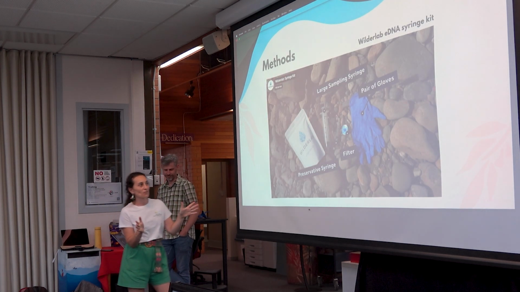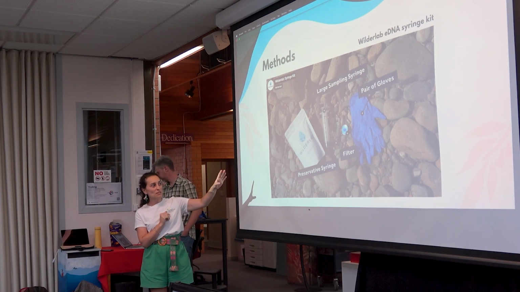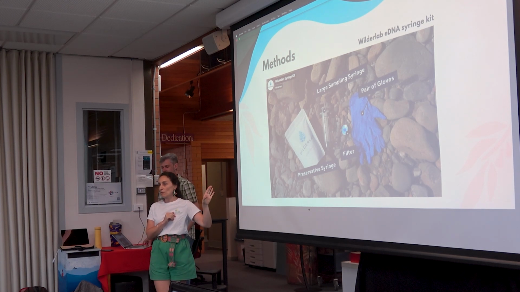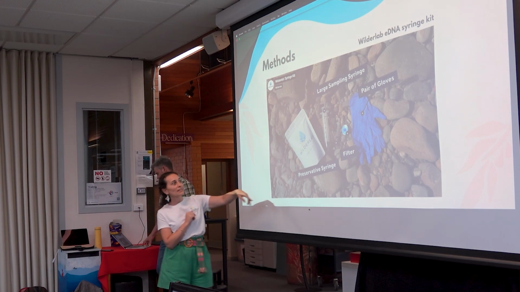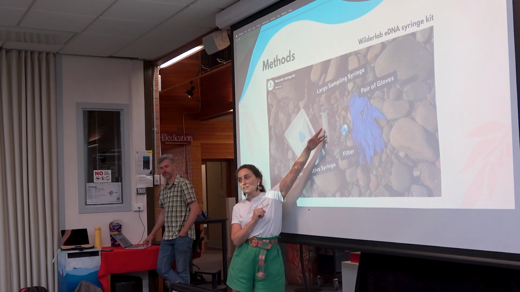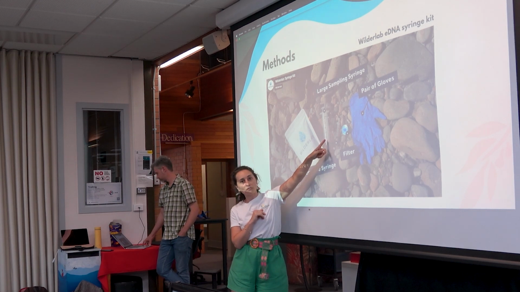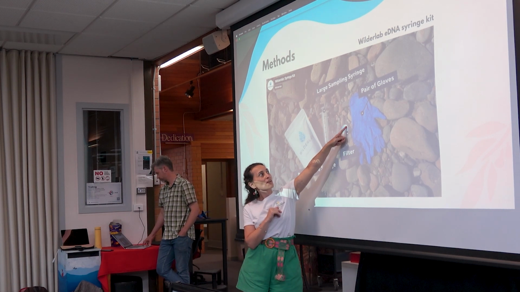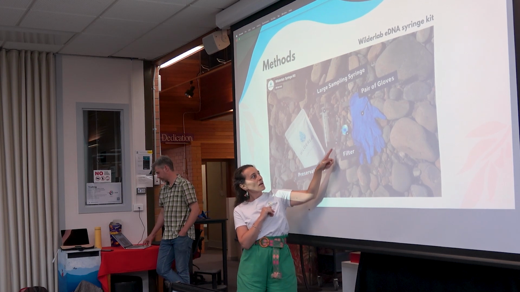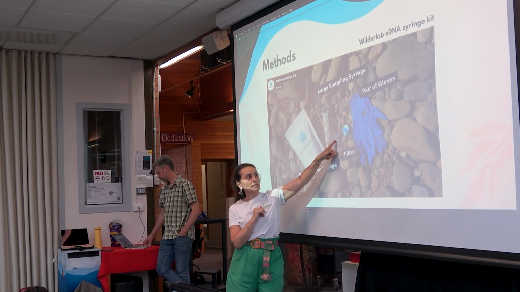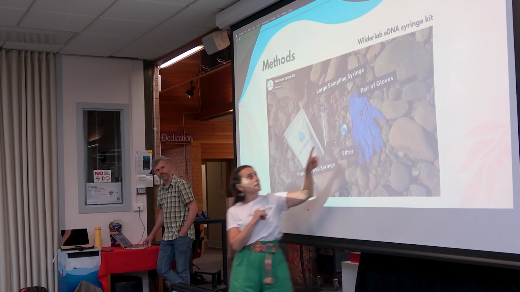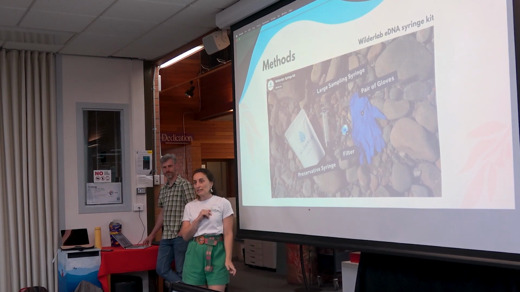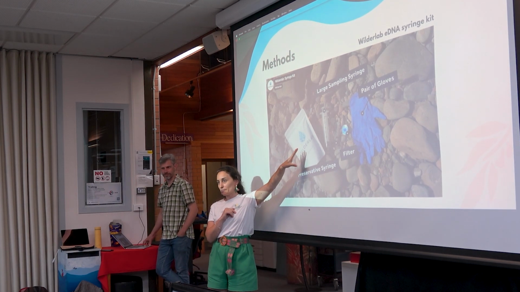The methods are very easy. This is the typical kit that we get from the Lab company. Each kit comes with one 50 ml syringe, a little filter, which is the critical part, a little syringe with preservative in it, and a pair of gloves. For each sample we collect, we use one of those kits.